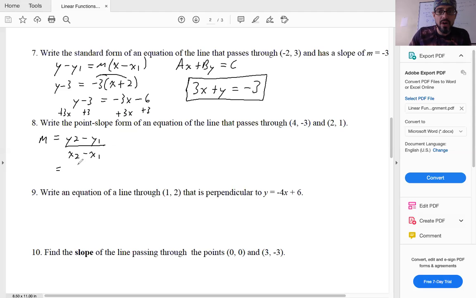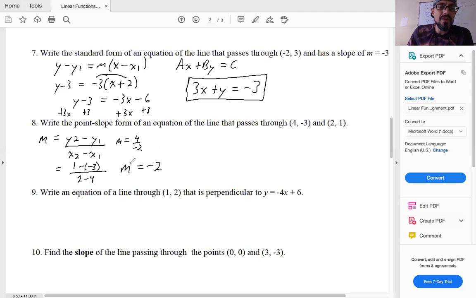Okay, here we go. So I'm going to go 1 minus 3 over 2 minus 4. This will result in a slope equaling positive 4 over negative 2, or m equaling negative 2.